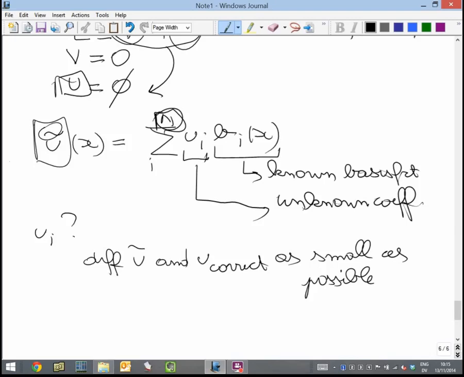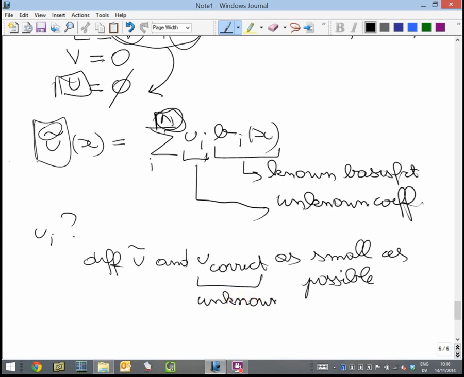Can you calculate the difference between the two of them? No, you can't, for the very simple reason that the correct solution U correct is unknown. If U correct were known, there would be no reason to go through all the effort. The problem is finding an unknown solution U correct. That's exactly what we're trying to calculate.